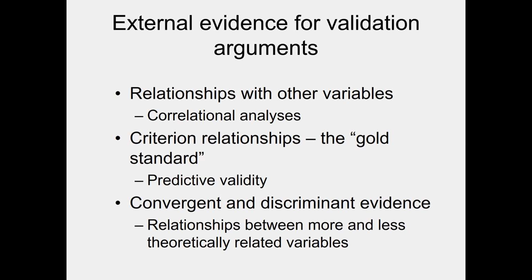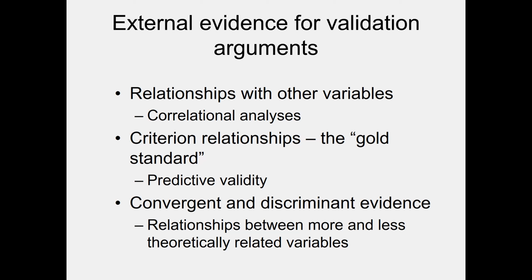The other approach to this is not to make a prediction. So the measures can be taken concurrently, and it looks for both convergent and discriminant evidence as an argument for validity.